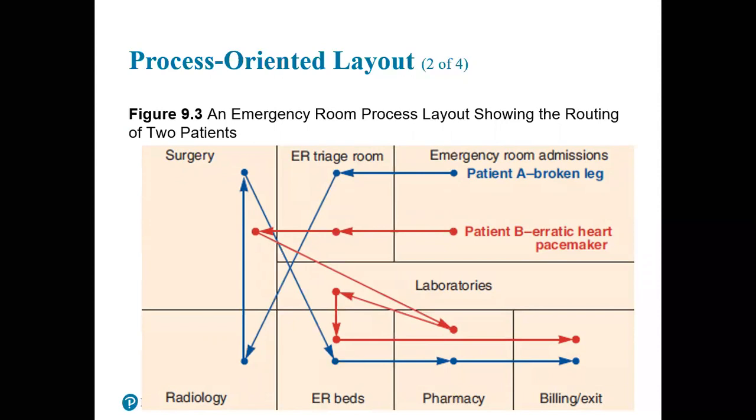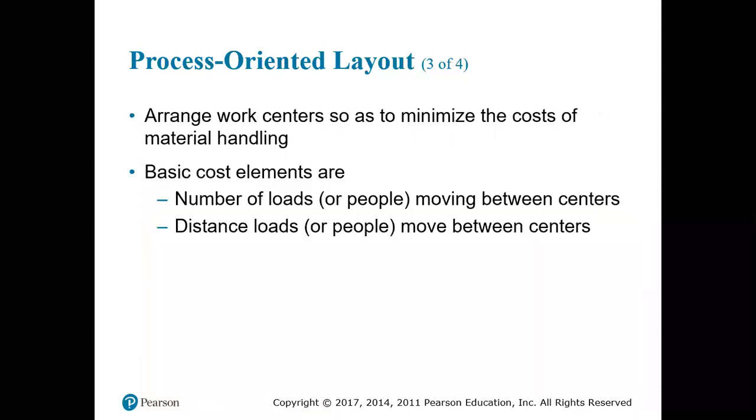So there's a method to the madness when it comes to how do we put together a layout for even a hospital, depending on the type of patients that the hospital expects to receive. Okay.